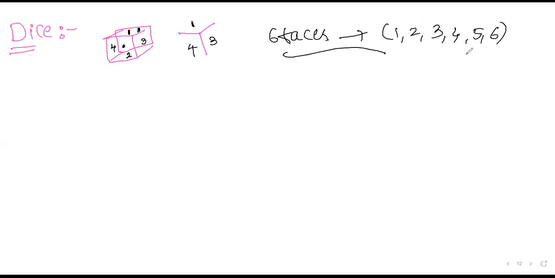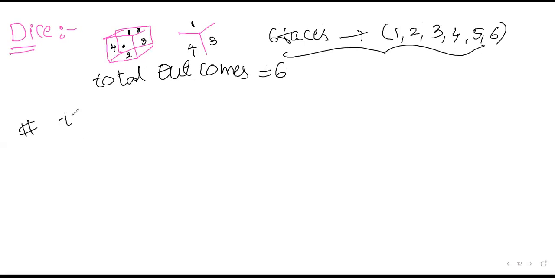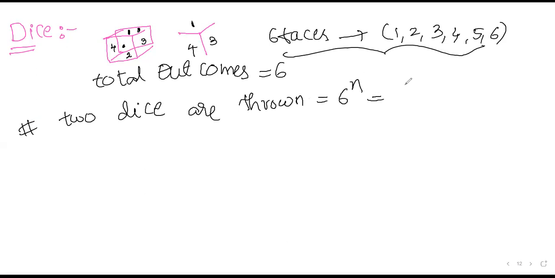So the total outcomes of a dice, if a single dice is thrown, will be only 6. If 2 dice are thrown, then the total outcomes will be 6 square, which is 36.